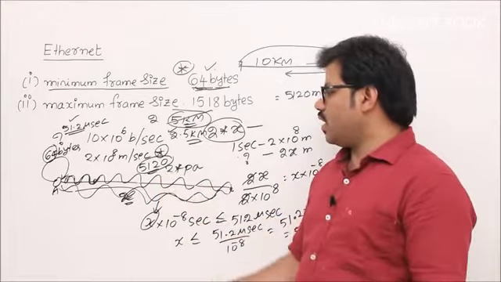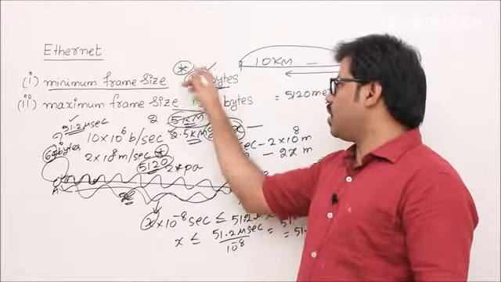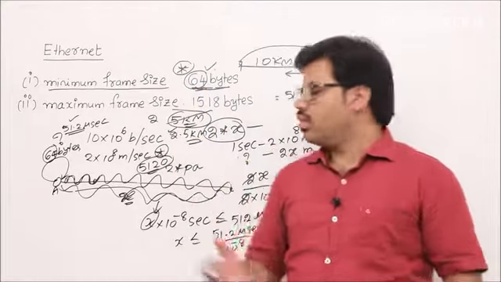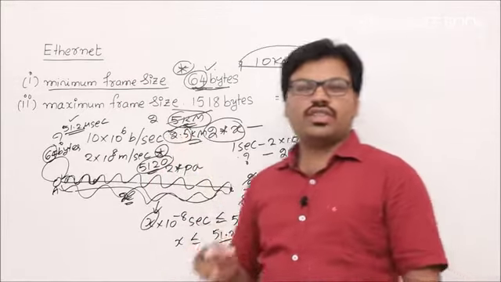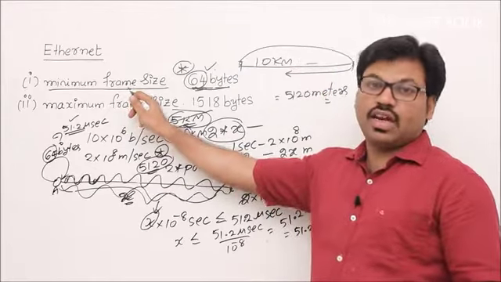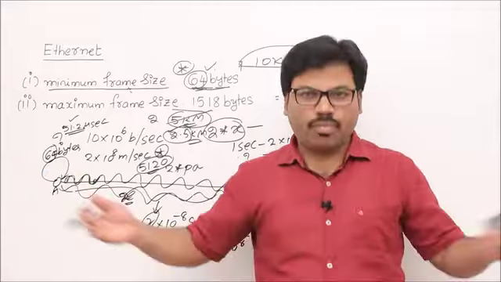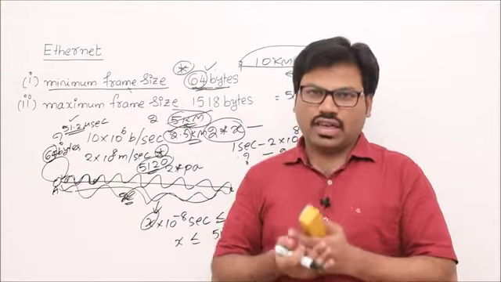So finally, it is 5 kilometers that it can allow with the 64 byte frame size, but generally the standard people cut it into half. Remember one thing, 2.5 kilometers is the actual restriction. So the minimum frame size and the maximum LAN size, or maximum propagation delay, otherwise maximum cable length, are closely connected.